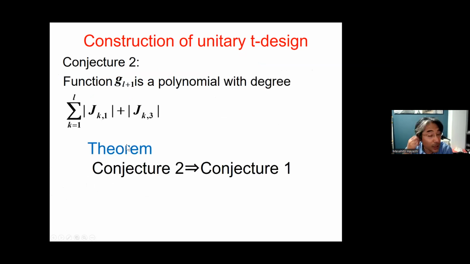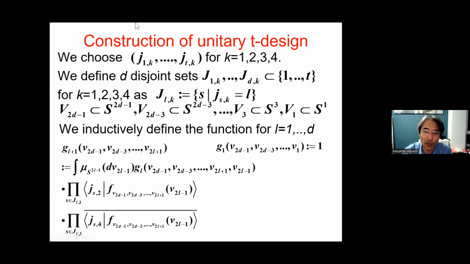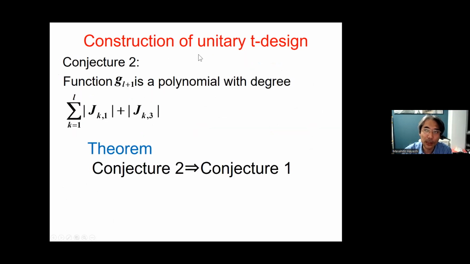Then there is another conjecture. The function G_(L+1) is a polynomial with degree, this guy. Of course, the definition of G depends on the integer sequence. So for any integer sequence, we can define G_L, and for any such sequence, the defined function G_(L+1) is a polynomial with degree, this guy.